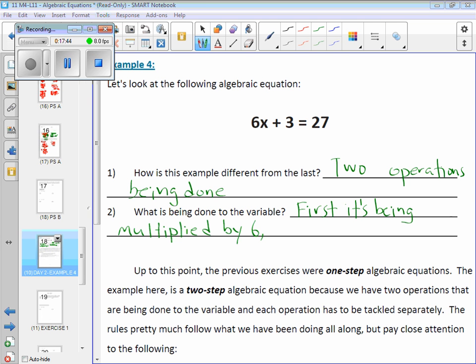Then after we multiply by 6, what are we doing after that? Ryan. Right, then we're adding 3.